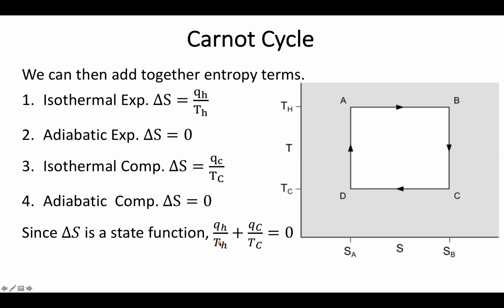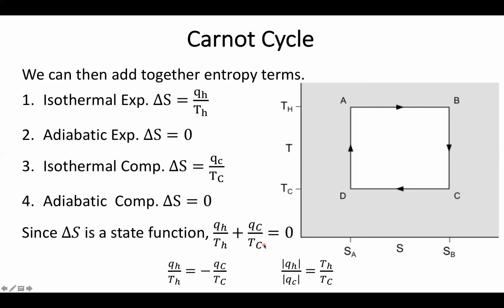So our total entropy change of the system is simply going to be the addition of the ratio of the energy added from our hot source divided by the temperature of our hot source, plus the energy that exits into our cold sink divided by the temperature of that cold sink.